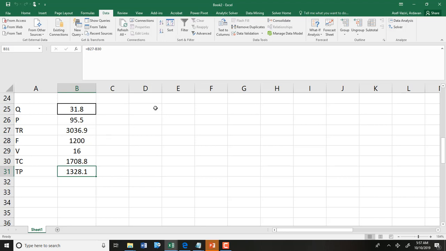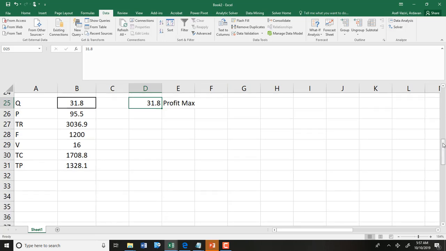Therefore, 31.8 is the point of profit maximization. The price is 95.5. It will lead to quantity of 31.8, and that is the quantity and price that maximize my profit.